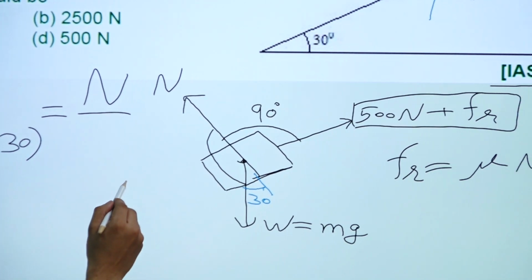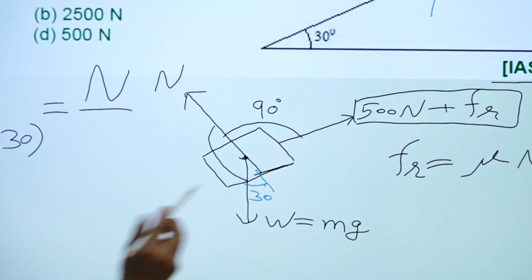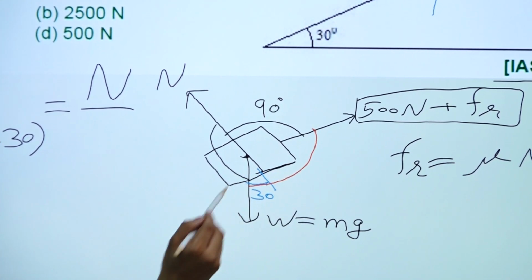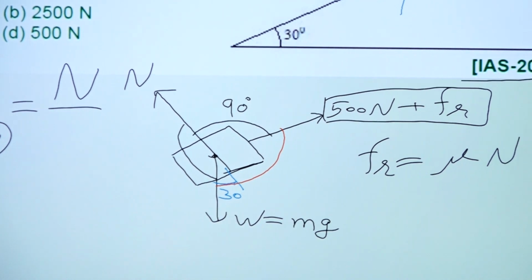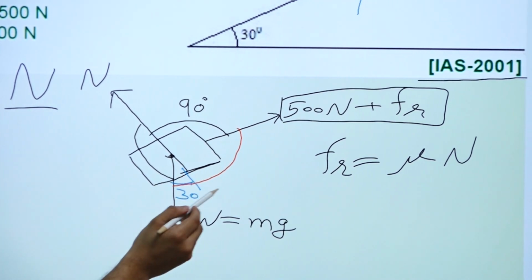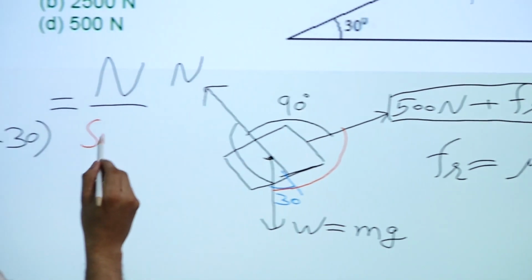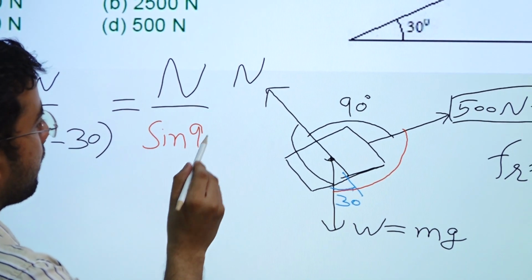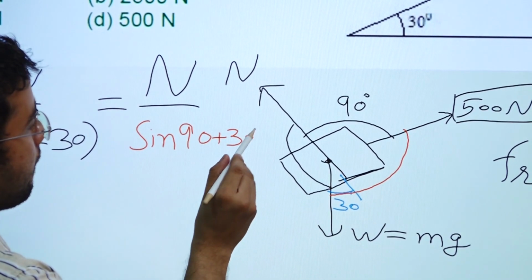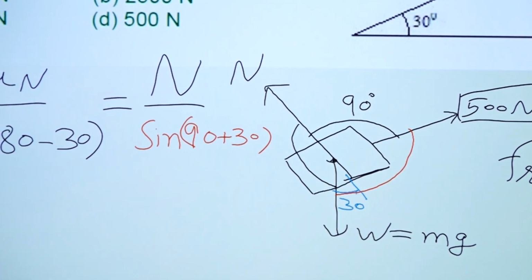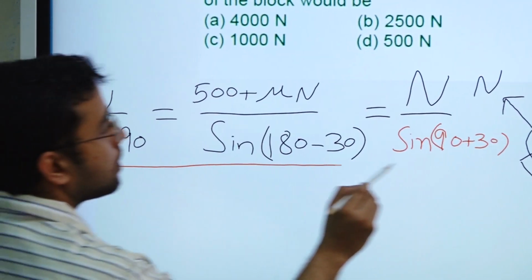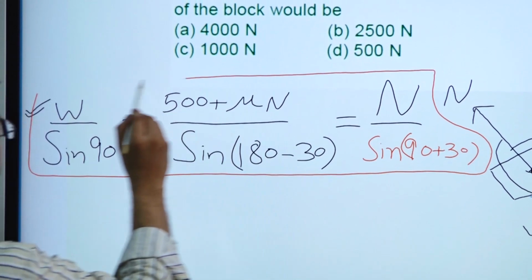This angle from here to here, how much will it be? This is 90 plus 30. So we got the equation from the sine law.